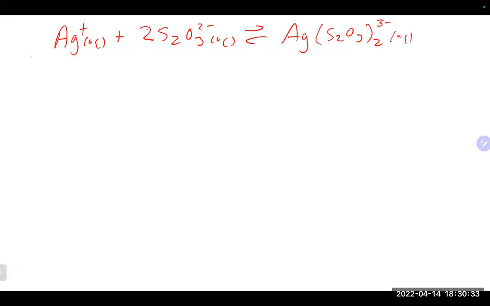So we're going to use our initial concentrations that we just calculated. For our silver, it's going to be 4.29 times 10 to the minus 4 molar. We're going to use our S2O3, which is 2.86 molar, and we're going to zero out the complex here. So we're going to make our same assumption here that the metal should get completely used up. So that is going to be our change as we go across.